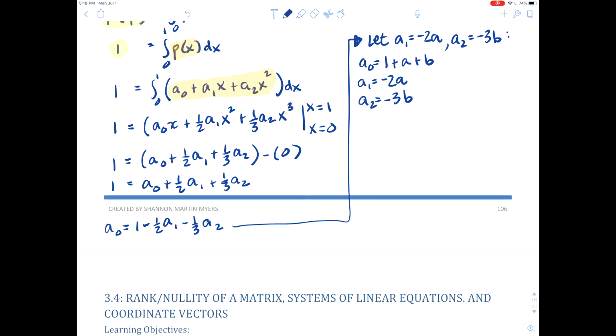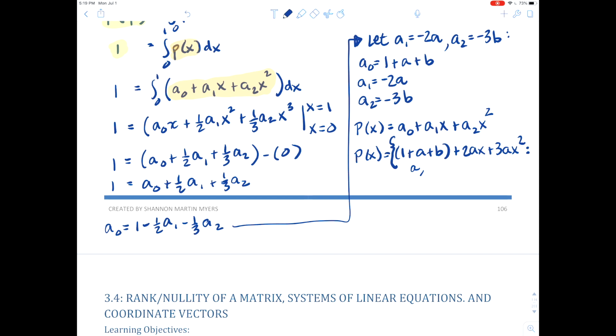So then you put it all together. So p of x, remember, is equal to a0 plus a1x plus a2x squared. So our p of x will be, well, a0 is 1 plus a plus b, and then minus 2ax minus 3bx squared. And then this is a set, right? So then we describe our set such that a and b belong to the real numbers.